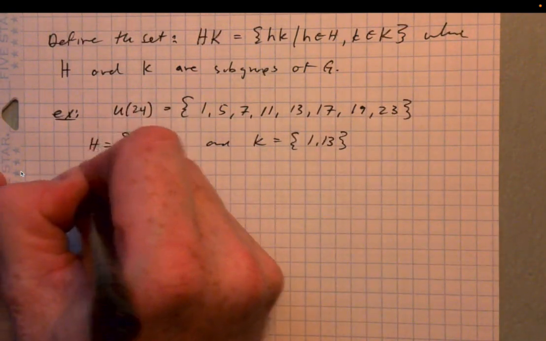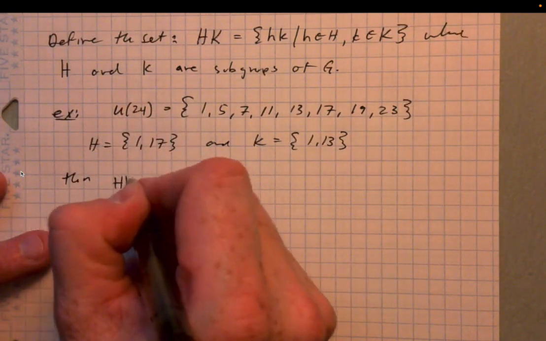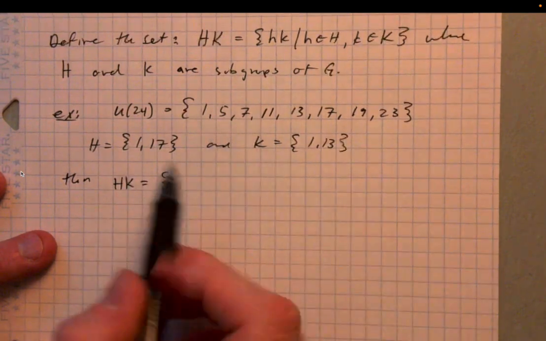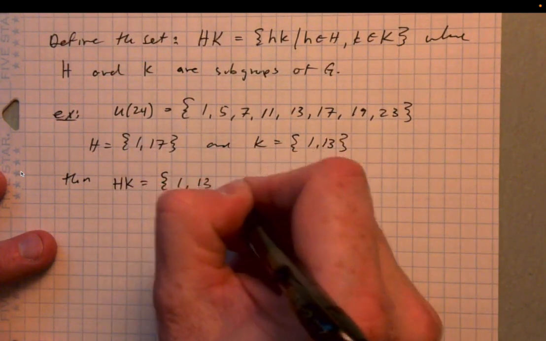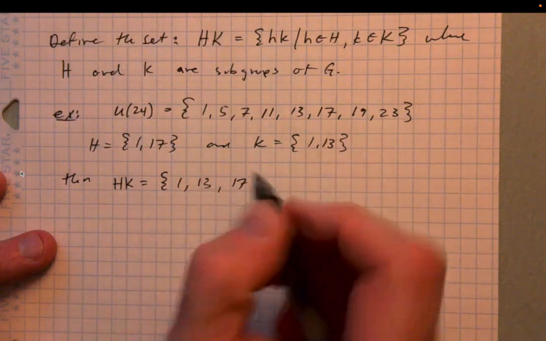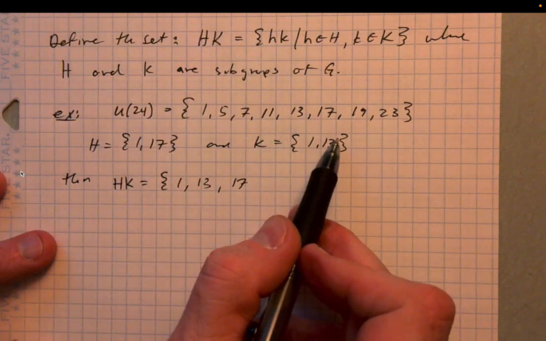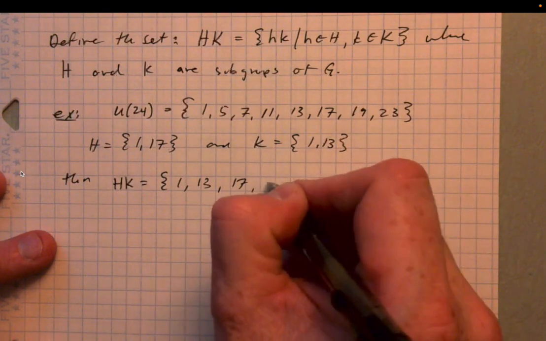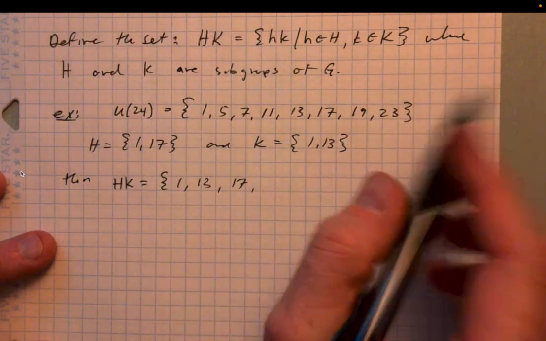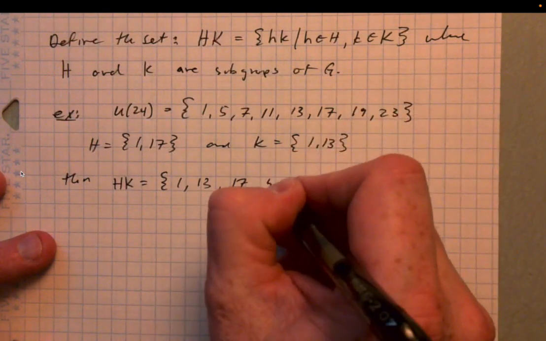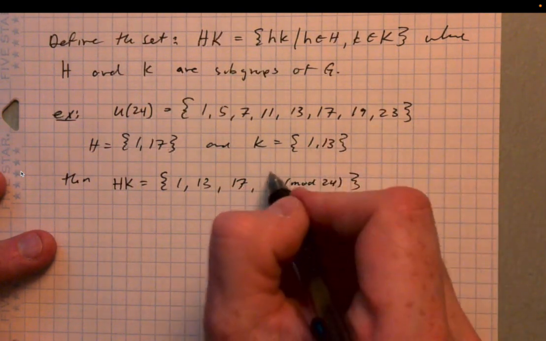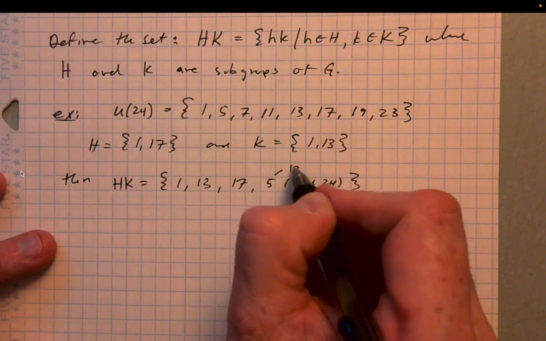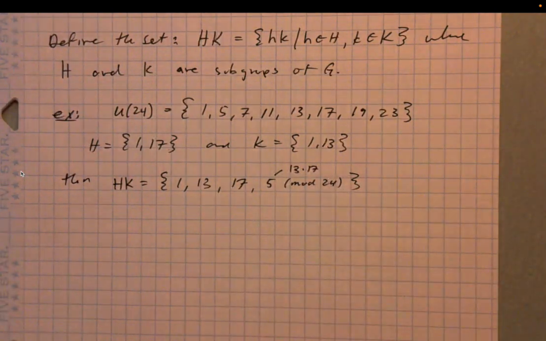Then HK is equal to 1 times 1, which is 1, 1 times 13, which is 13, 1 times 17, which is 17, and then 17 times 13, which is 5 mod 24.